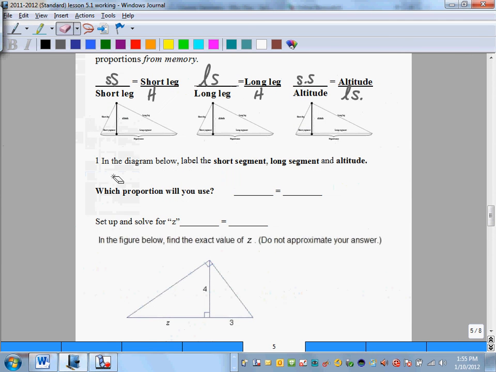Problem number 1. I'm going to do one with you, and then you're on your own to pages 6, 7, and 8. Ready? Bottom problem. Step 1: label everything. Start labeling your short leg, long leg, hypo, and all that. Right here's my right angle. That means this whole thing is my hypo.